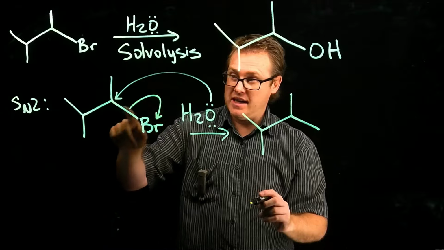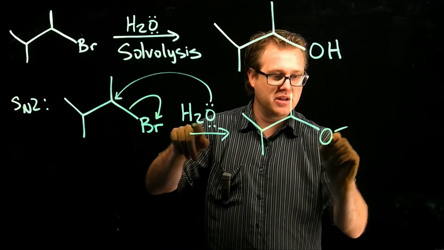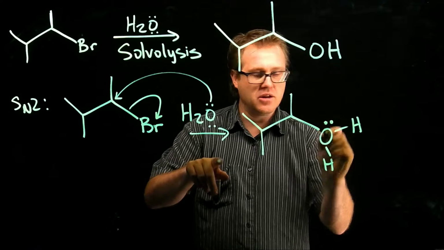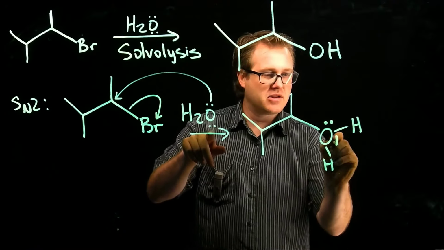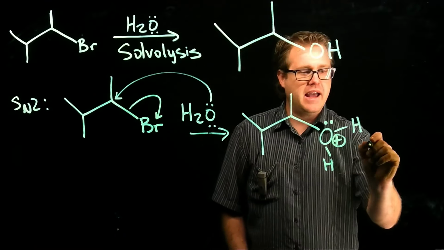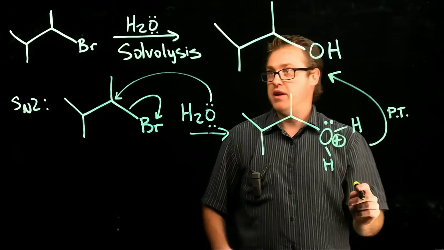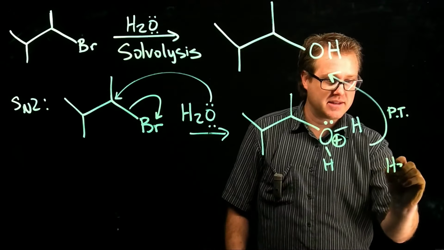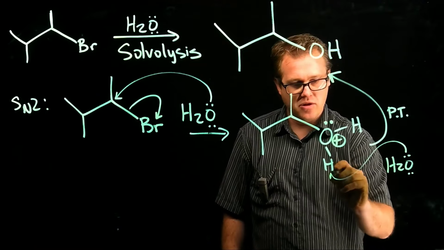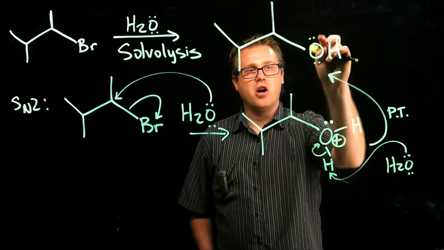The oxygen attacked that carbon, and it still has the two hydrogens attached. I did not remove those, and it still has a lone pair, and it's going to have a positive charge. Then I could do a proton transfer reaction in which I can take water again because it's the solvent. There's a lot of it that can come in, grab that proton, and give us our product right there.